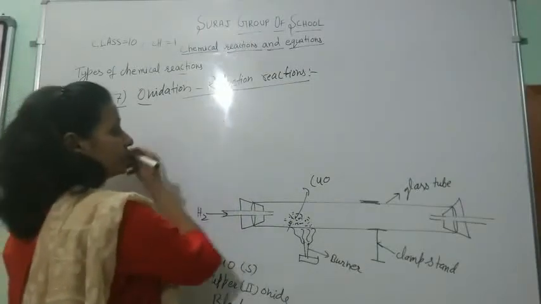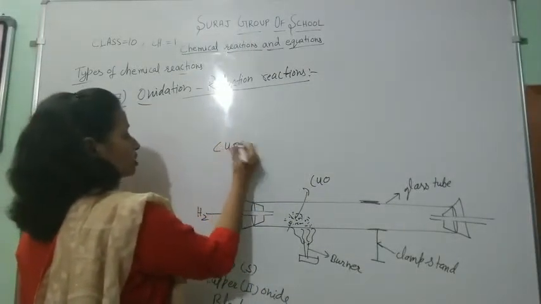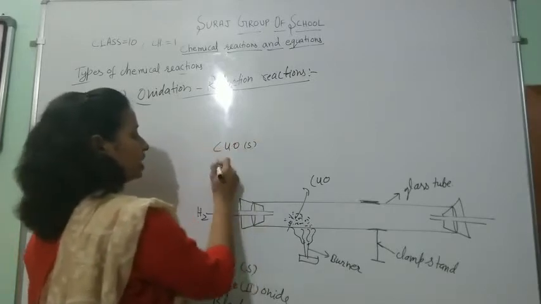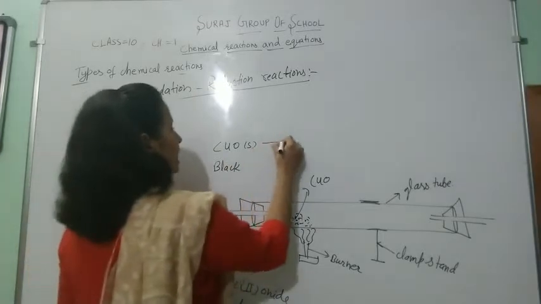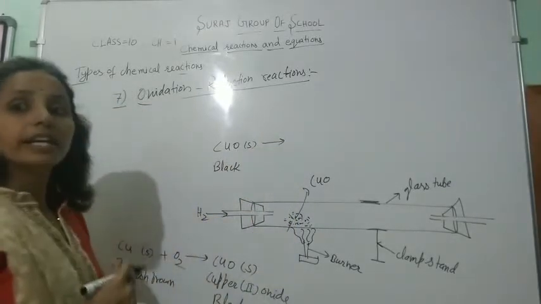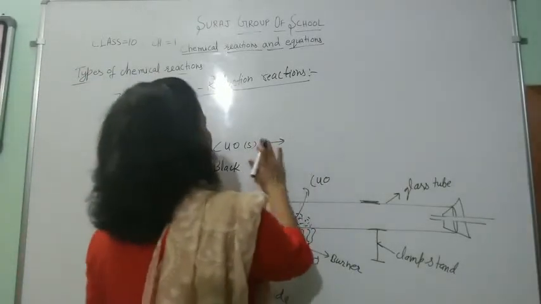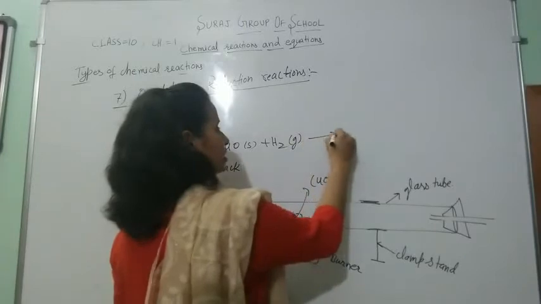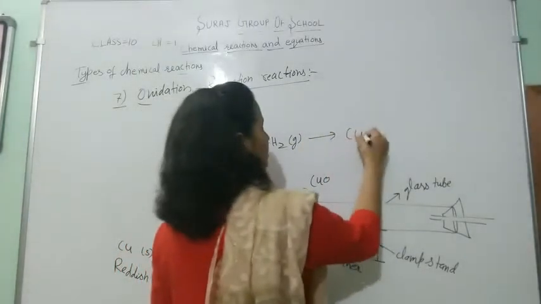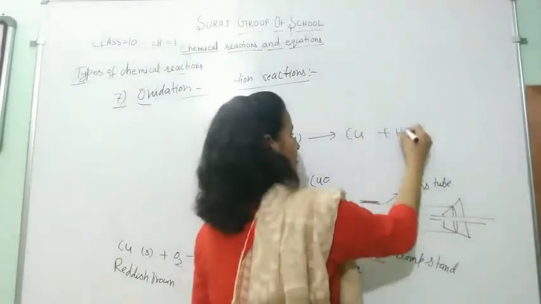Now we can write the reaction. This copper oxide, which is solid and black in color, in the presence of hydrogen gas starts decomposing to give copper and water.